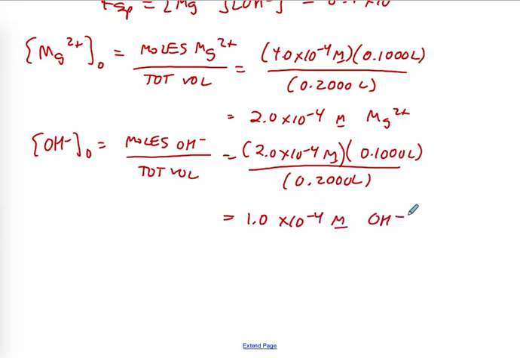So here are my concentrations immediately after mixing but prior to any reaction.